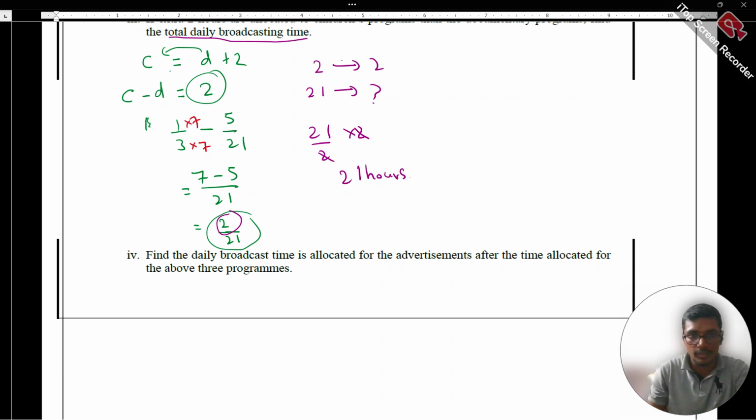So after the time allocated for the above 3, the remaining part will be given to the broadcast for the advertisement. Which means from 1, I should subtract the time allocated for children's program, educational program, and documentary.